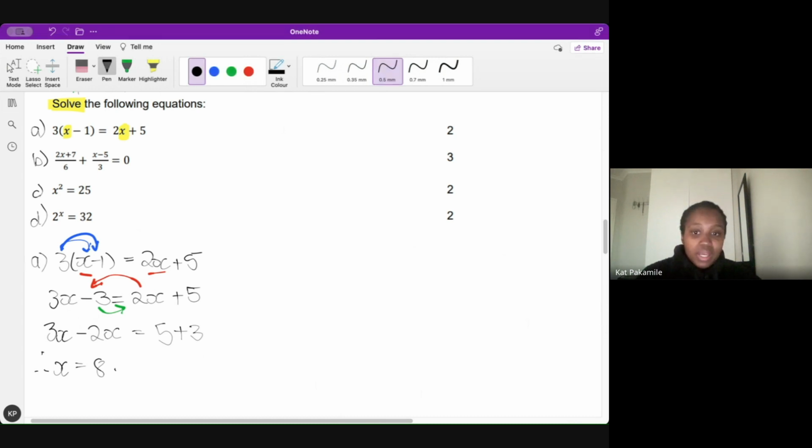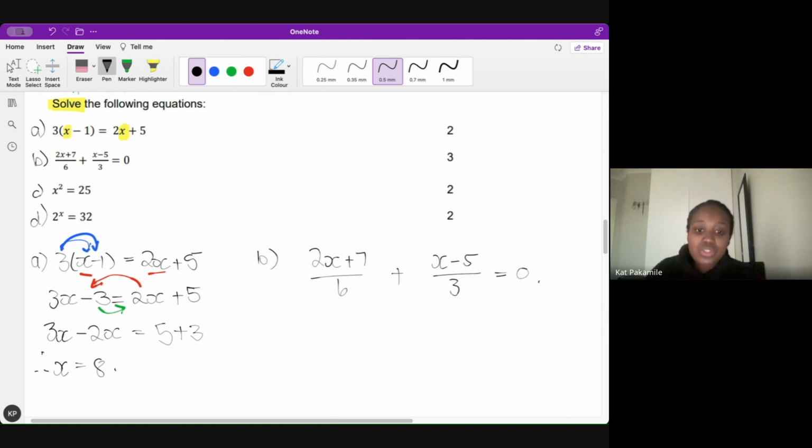Okay, let's look at B. B is a bunch of algebraic fractions. So what do you guys think we're going to do here to solve this problem? 2x plus 7 divided by 6 plus... Great.